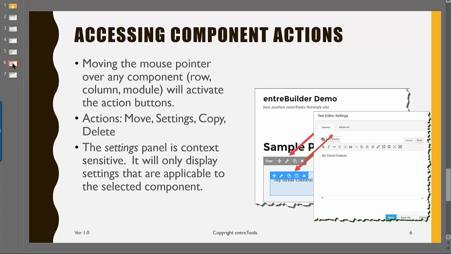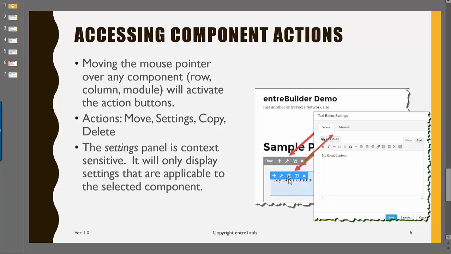All this slide is really doing is saying, as you hover your mouse over each specific component, it's going to bring up this little toolbox, depending upon what you're hovering over. The little crosshair is to move the component. The wrench is to get into its settings. And then there are these three others, and the symbols are pretty self-explanatory.